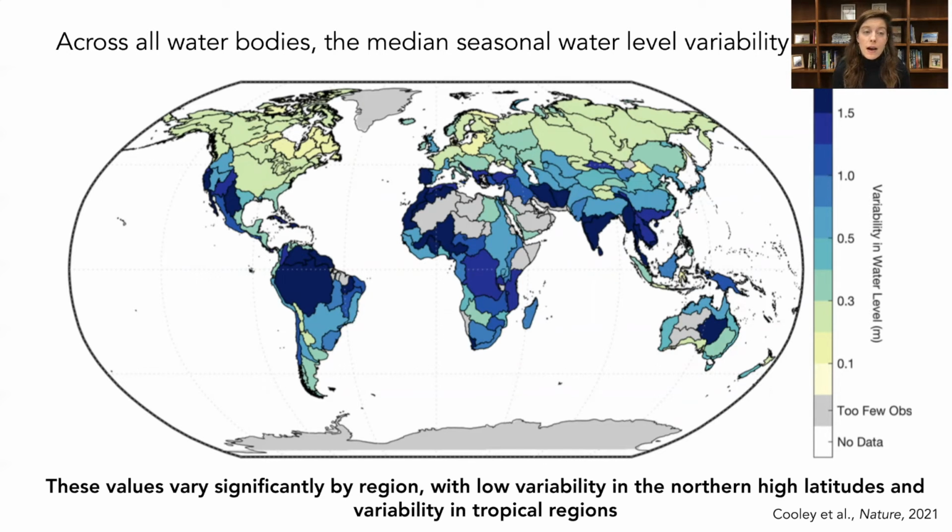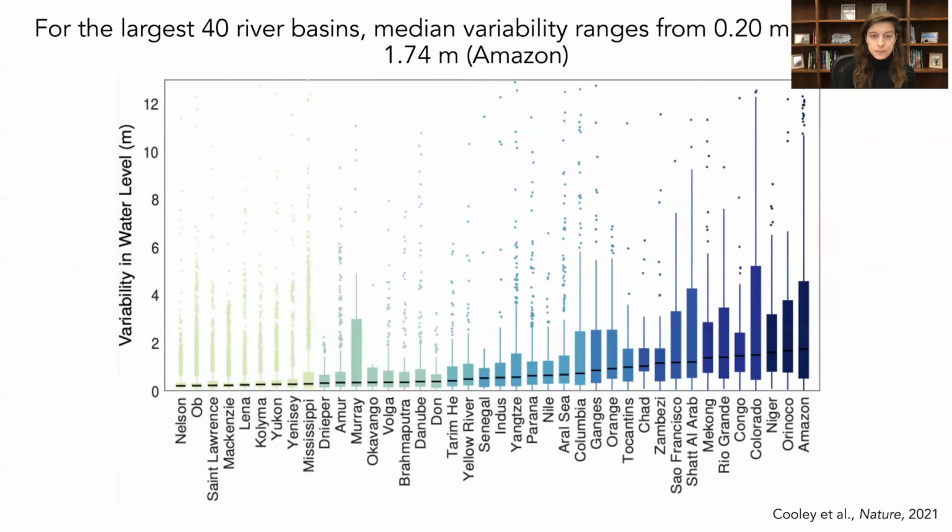These areas have not a lot of seasonality in precipitation and also are typically not as hydrologically dynamic as other regions of the world. Whereas in contrast, in tropical regions or in areas with monsoon environments with really high seasonality in precipitation, like the Amazon, the Congo, the Indian subcontinent, even the Western US, we see water level variability averaging a meter or more across our study period.